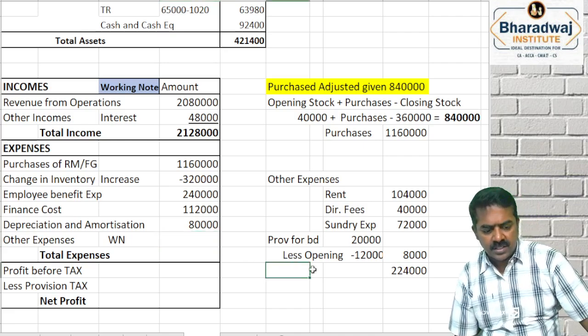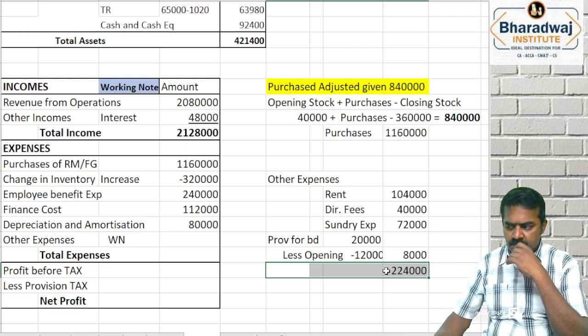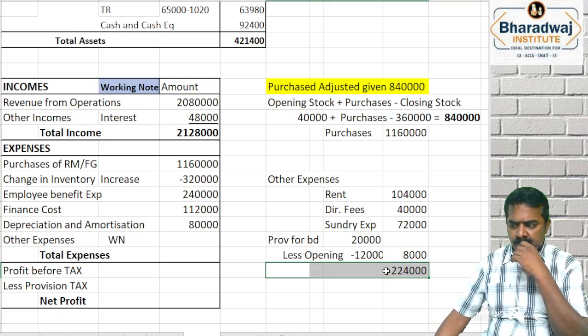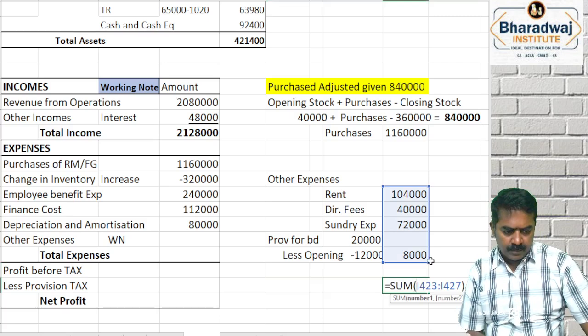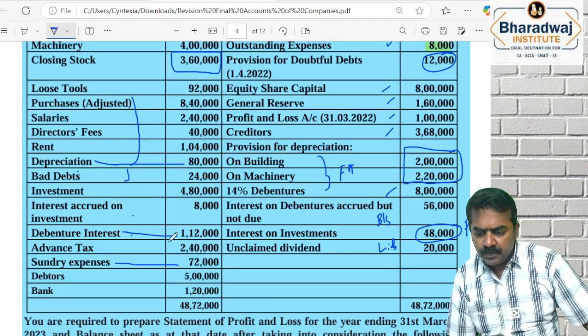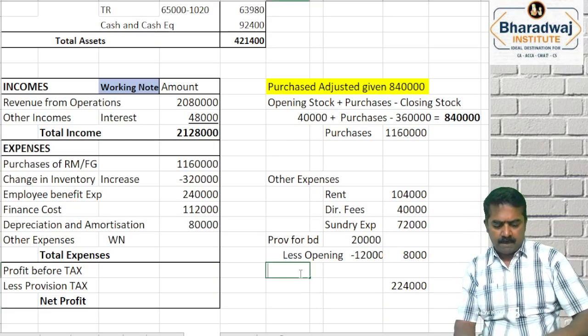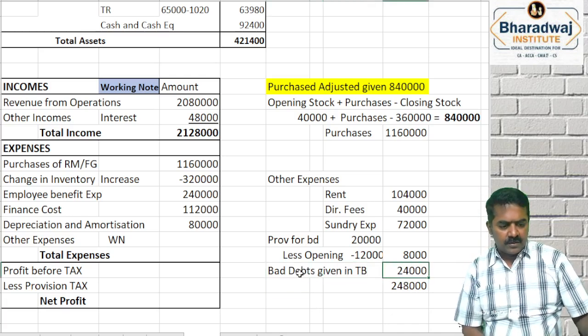Advance tax will come in the balance sheet. Look for anything else. We have missed this out. The bad debts also will come. What is the bad debts given in the trial balance? 24%.